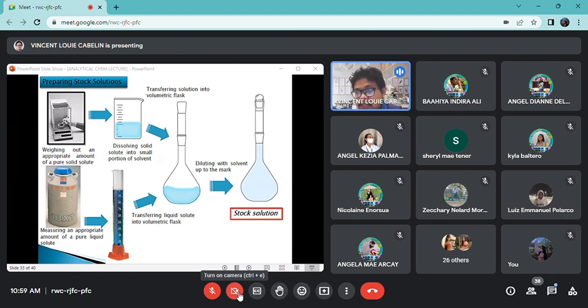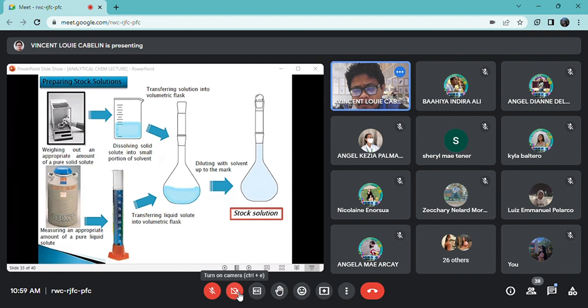Yung stock solution mo, basically, is you put the desired total volume or weight ng solute mo, and then mix that with your solvent. That's your stock solution. From that stock solution, pwede ka pang mag-dilute.